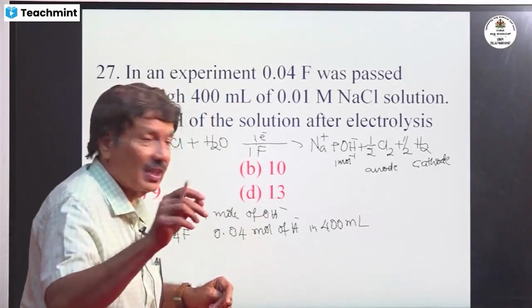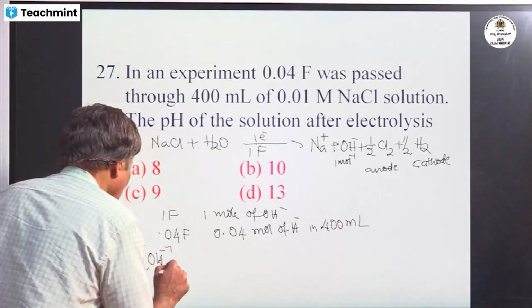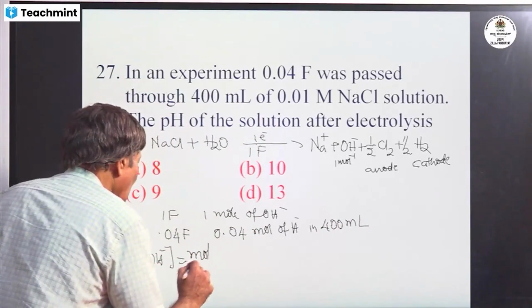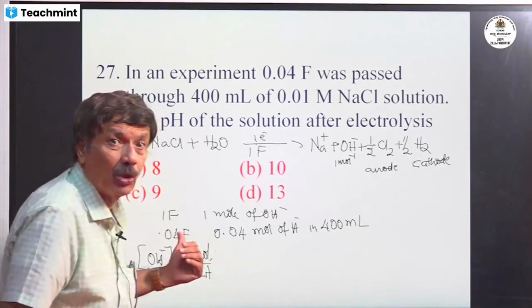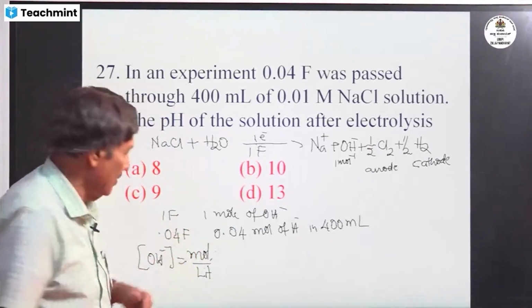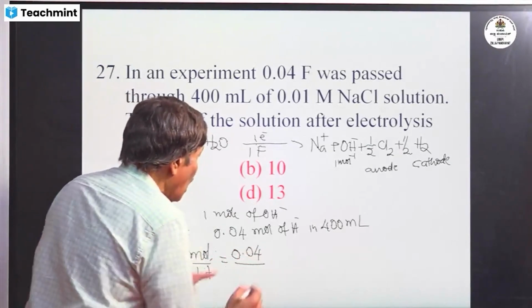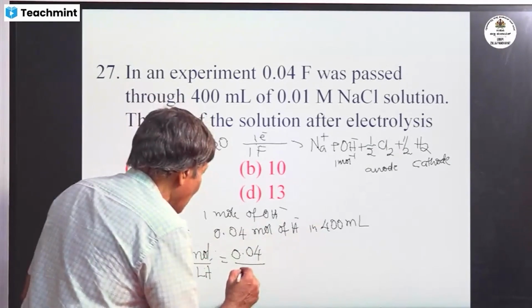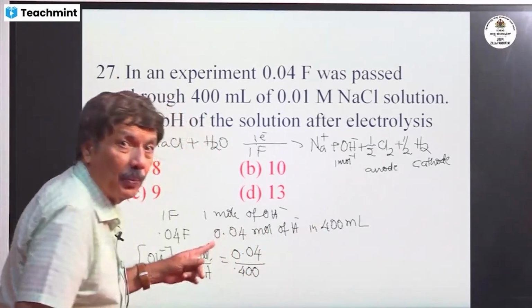I want the concentration of OH minus, that is mole per liter, the molar concentration. The number of moles is 0.04. The volume of the solution in liter is 400 divided by 1000, so 0.4.